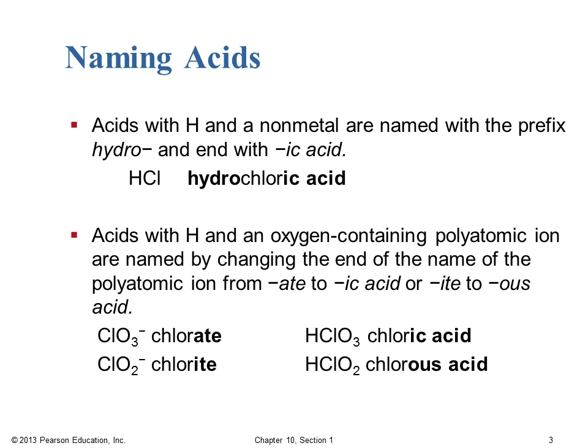So the chlorate, if you have an acid with chlorate, it'd be chloric acid. If you had an ITE ending as a suffix for your polyatomic ion, then that ITE becomes the OUS ending. So the chlorite ion becomes chlorous acid. And so that just changes depending on how many oxygens you have in the polyatomic ion.